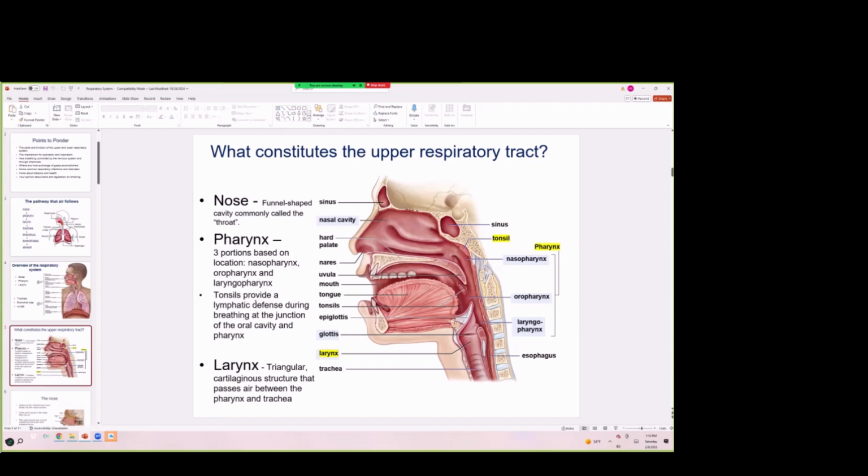The tonsils provide lymphatic defense during breathing at the junction of the oral cavity, and all these tonsils, they're able to do this. Why? Because they have white blood cells in there. They talk about the trachea here, I talk to you about the epiglottis here.